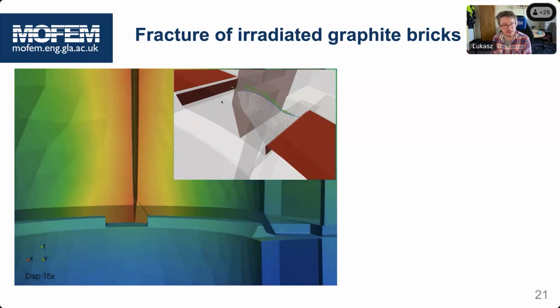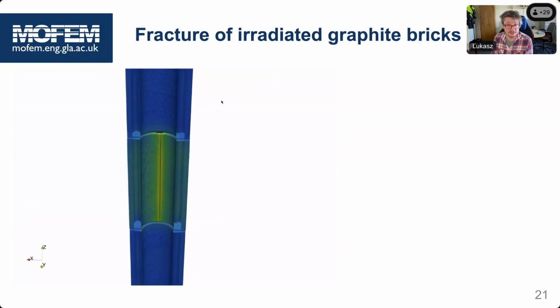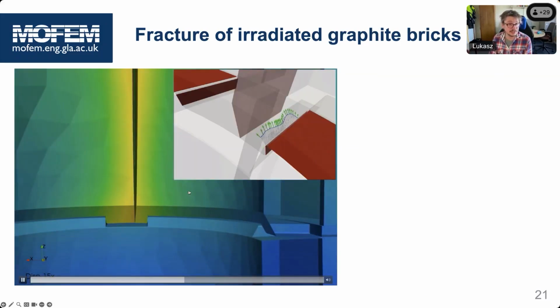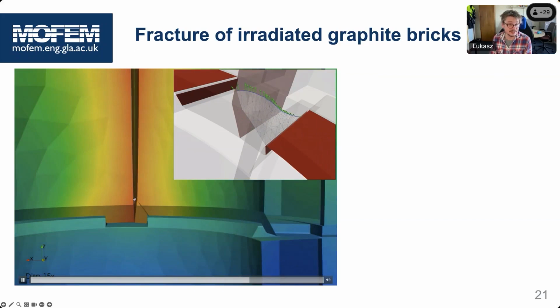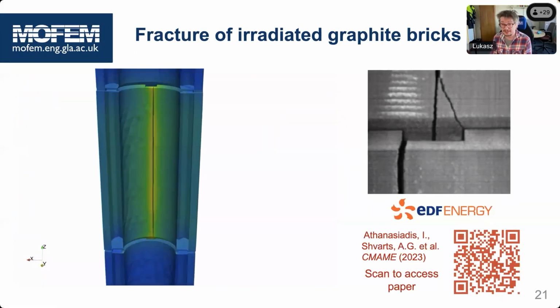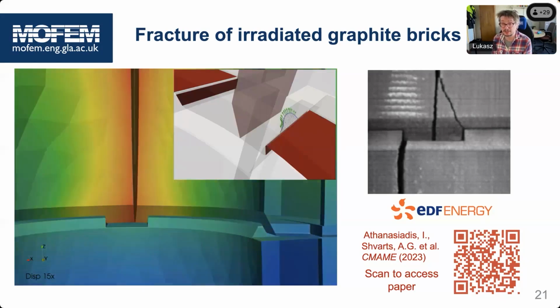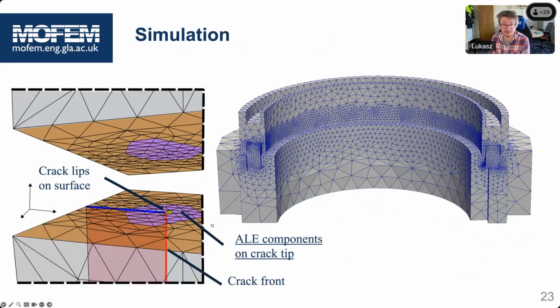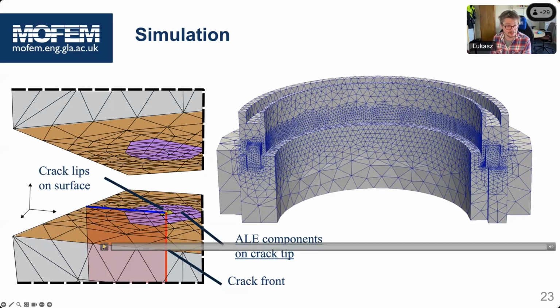This is, for example, when we try to calculate whether a chip can be created. The crack was already created, and there are internal stresses which make an additional crack propagate at that corner. And this is a picture from an actual reactor. But the problems are getting more and more difficult, and we have to solve problems like the seal ring problem.